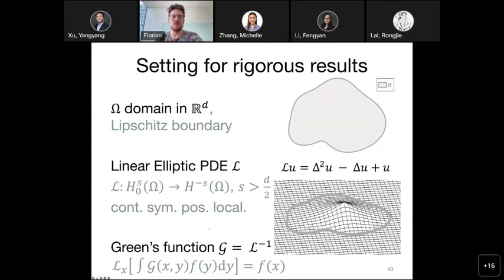The assumption on the G is that it's the Green's function of an elliptic PDE with Dirichlet boundary conditions. And here you see the exact definition: it's a map from H0^s to H^-s that is continuous, symmetric, positive definite, and local. That's not necessarily the most intuitive thing to think about.